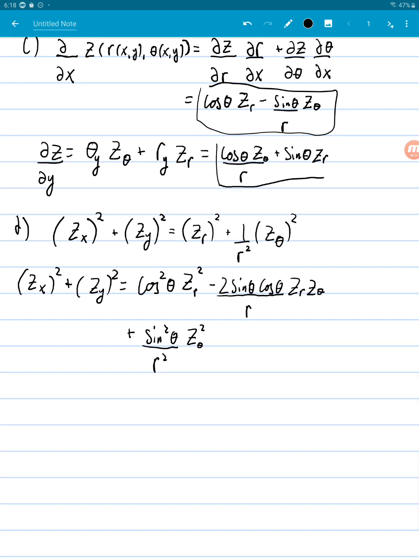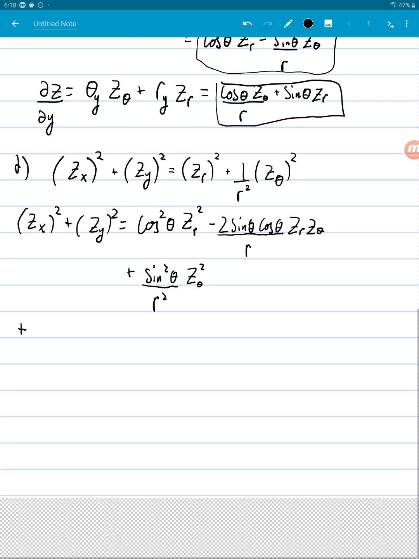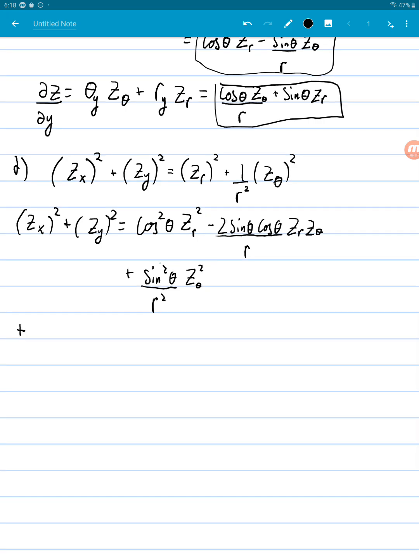Then looking at our dz by dy, this is still the same equation as up above.